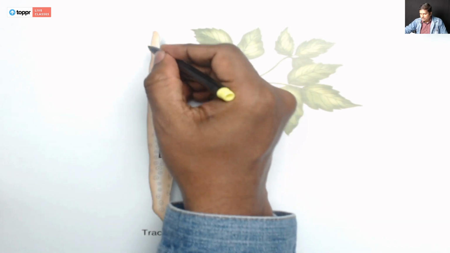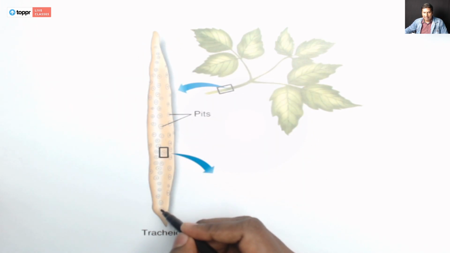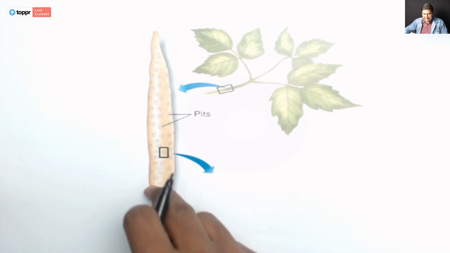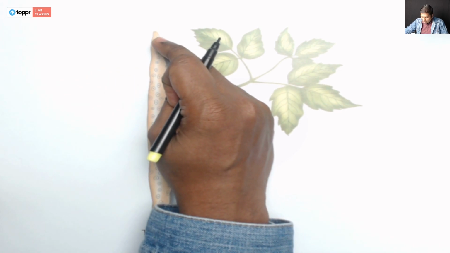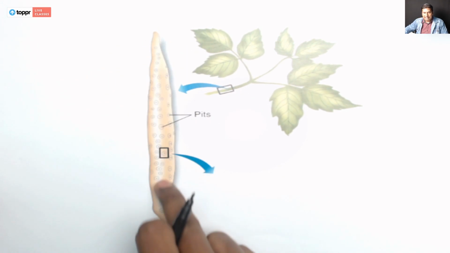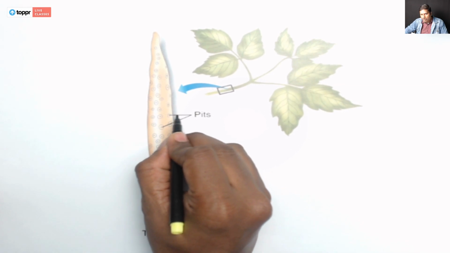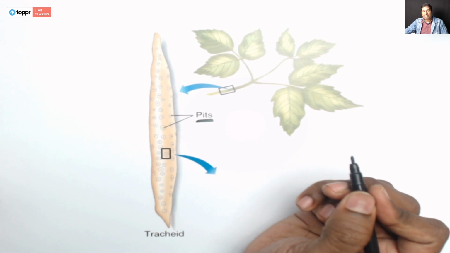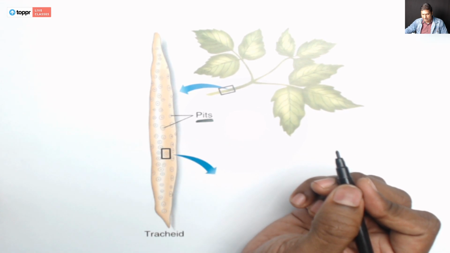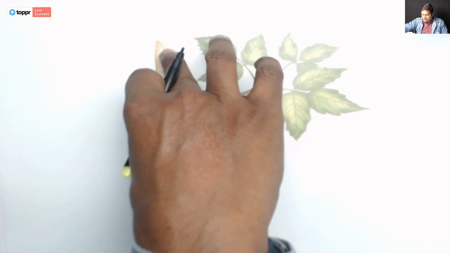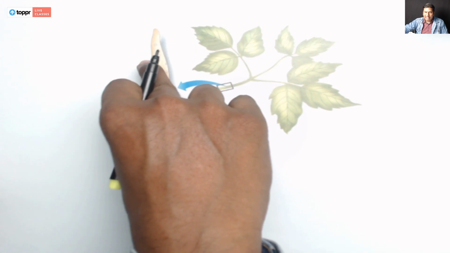So this is your tracheid cell. This is a dead cell and it is hollow. Inside there's nothing there, and if you can see, there are many holes on its surface, pits. Now these tracheids are actually interconnected.